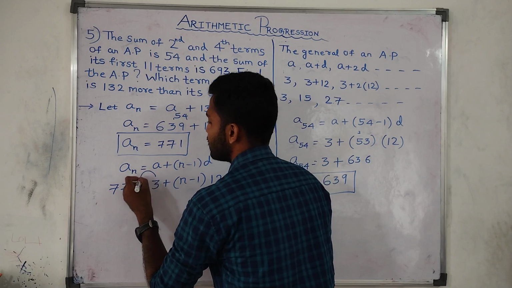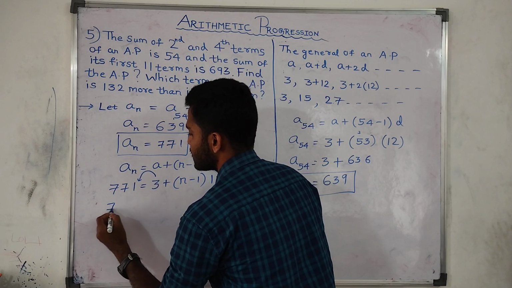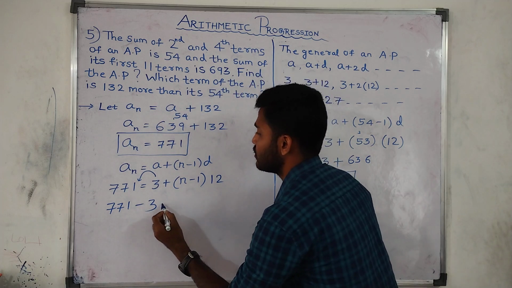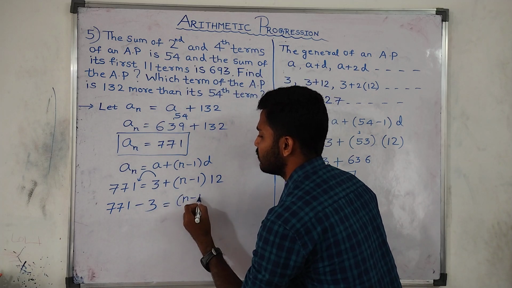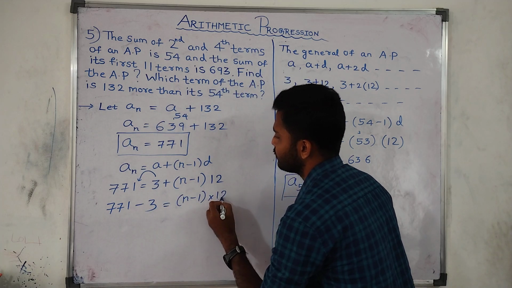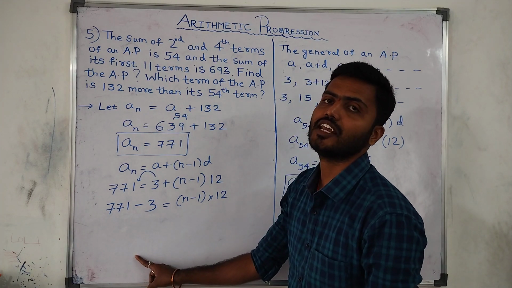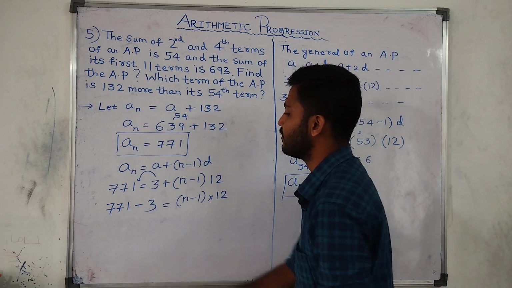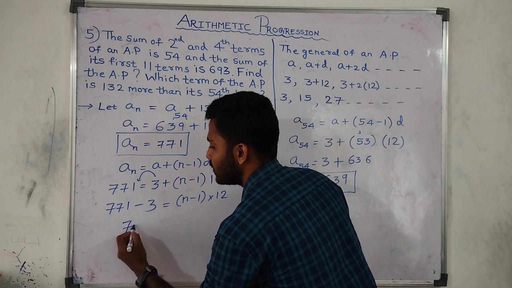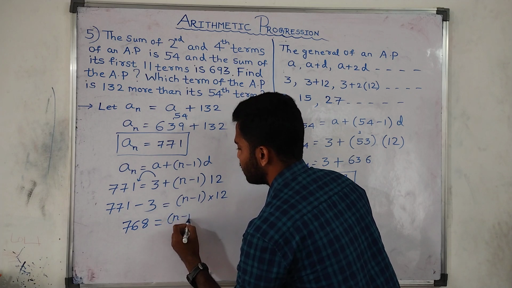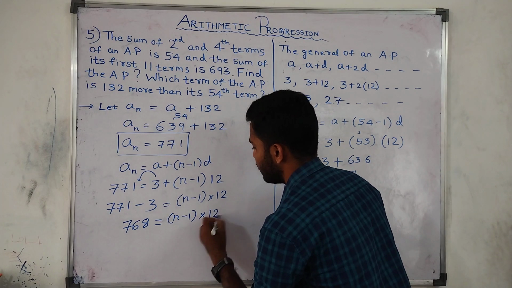So now take this plus 3 on this side. So 771 minus 3 is equals to n minus 1 into 12. Calculate, children, what is 771 minus 3? It is 768. Right? Is equals to n minus 1 into 12.